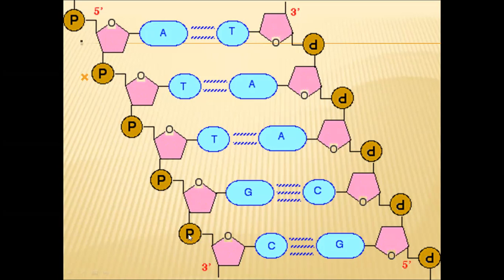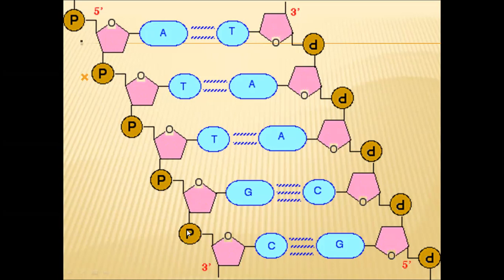This phosphate group is attached to the fifth carbon of the first nucleotide and the third carbon of the second nucleotide. So this is called a phosphodiester bond.